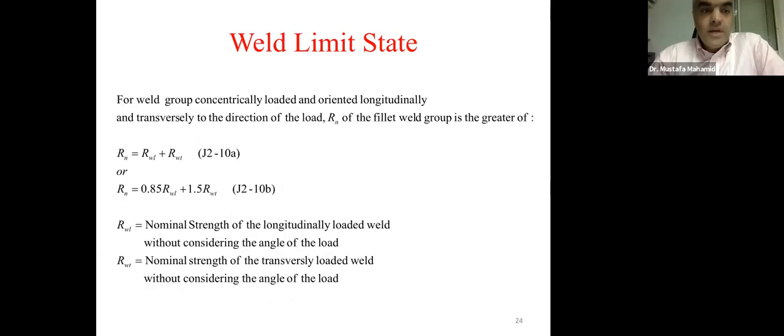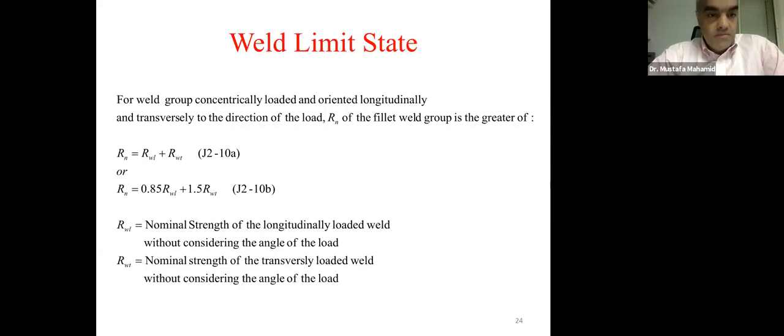Now for a weld group that is concentrically loaded and oriented longitudinally and transversely, the capacity of the weld group can be calculated using the greater of equation J2-10A or J2-10B, where we have RWL, the nominal strength for the longitudinally loaded weld without considering the angle of the load, and RWT, the nominal strength of the transversely loaded weld without considering the angle.